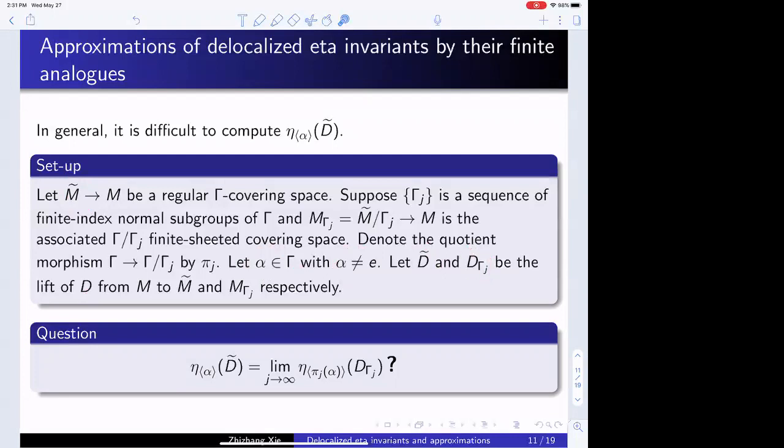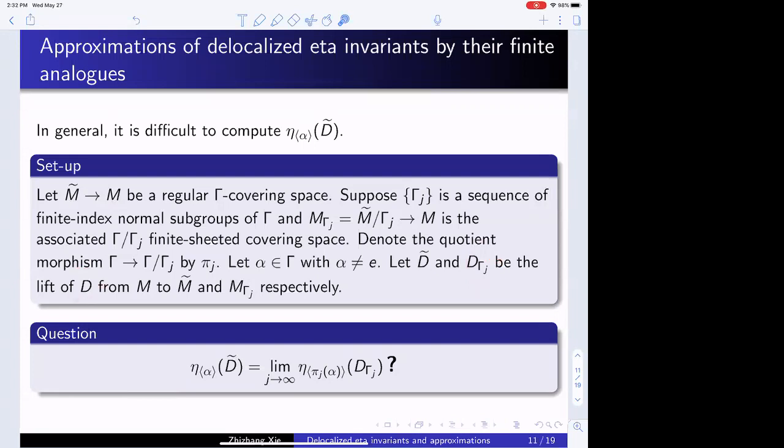Now let me denote the lift of D to these other finite sheeted covering spaces by D_{gamma_j}. So now you have a sequence of finite sheeted covers, and all these corresponding lifts of D living on them.